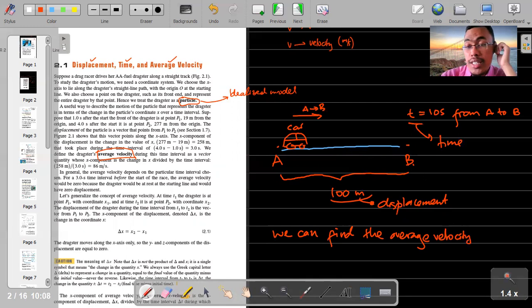So the average velocity is the velocity of the car that moves from point A to point B.